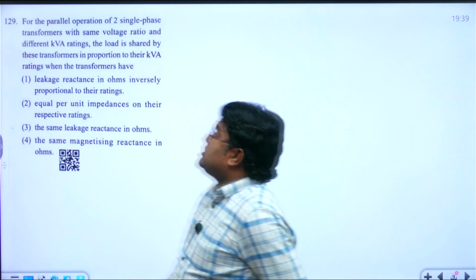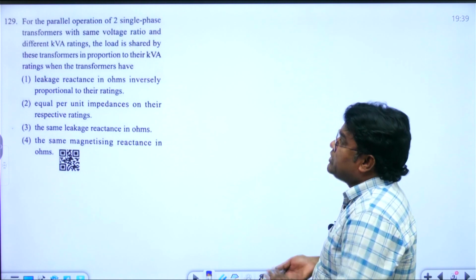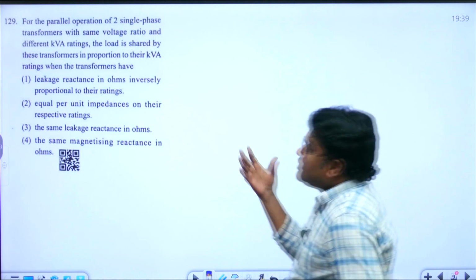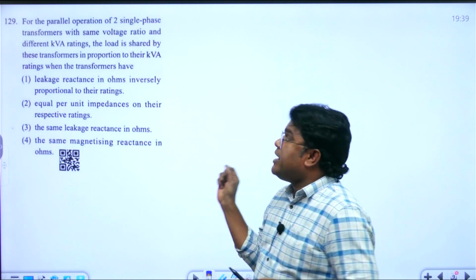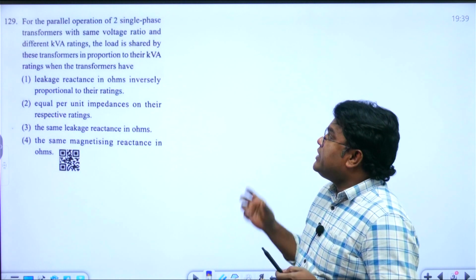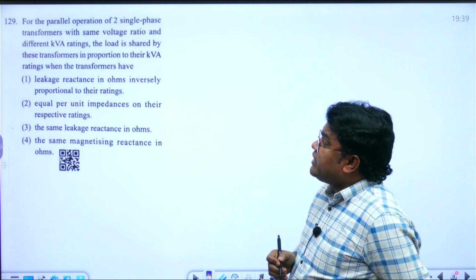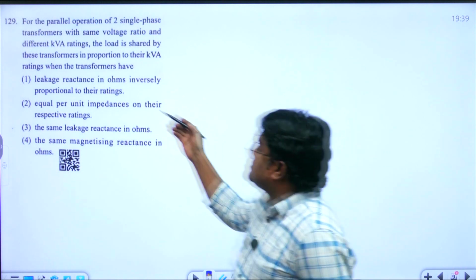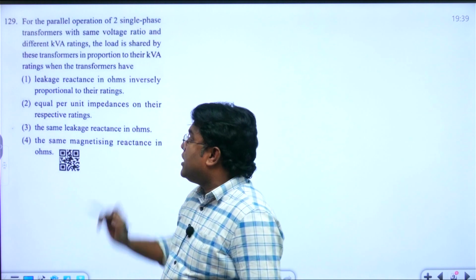Next, another question. This question belongs to the concept of parallel operation of two single phase transformers. So what is the question? For the parallel operation of single phase transformers with the same voltage ratio and different kVA rating, the load is shared by the two transformers in proportion to their kVA rating when the transformers have leakage reactance in ohms inversely proportional to their rating.